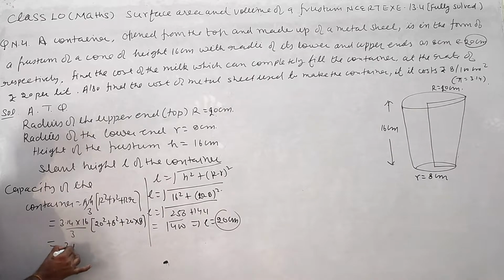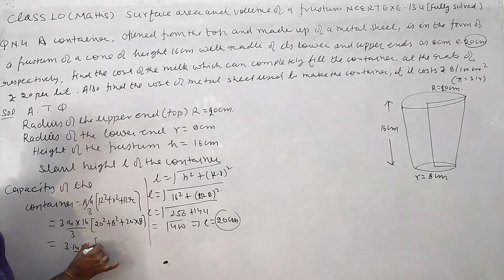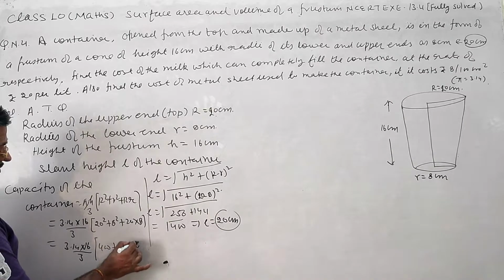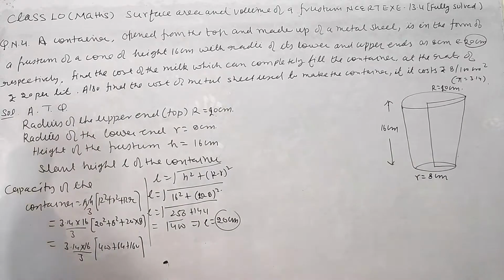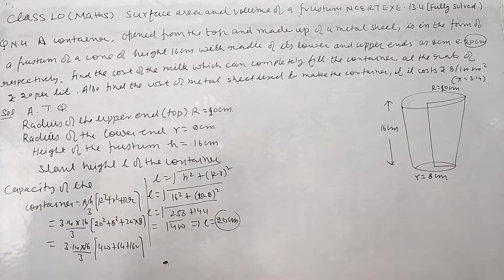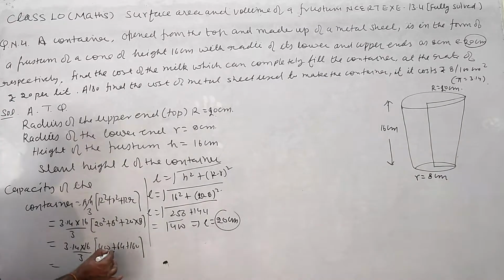So 3.14 into 16 by 3 into 400, 64 and 160. Clear? So dear student, you can simplify this one.